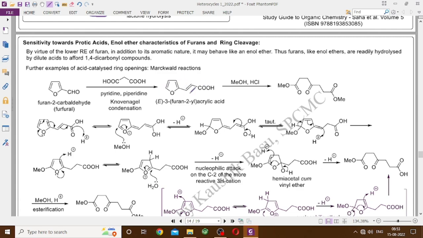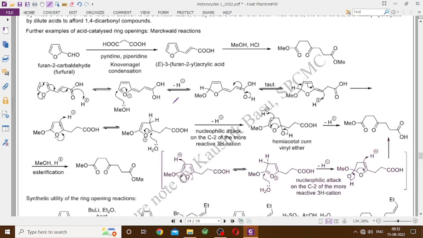When this molecule is treated with methanol in presence of HCl, again ring opening takes place, and you have esterification at this carboxylic acid, ring opening revealing the corresponding dicarbonyl derivative, ester here, carbonyl here, and this double bond has disappeared. So a lot of changes have happened. So how is this happening?